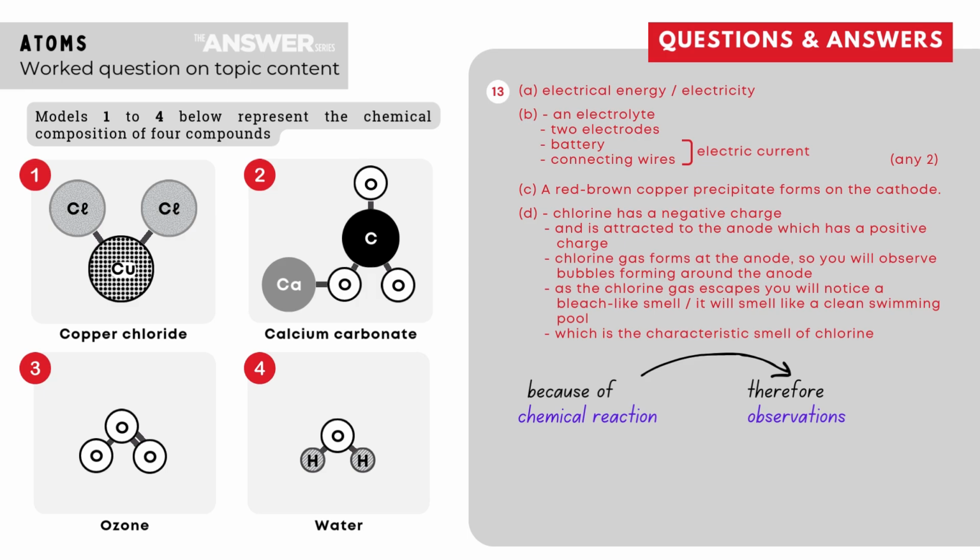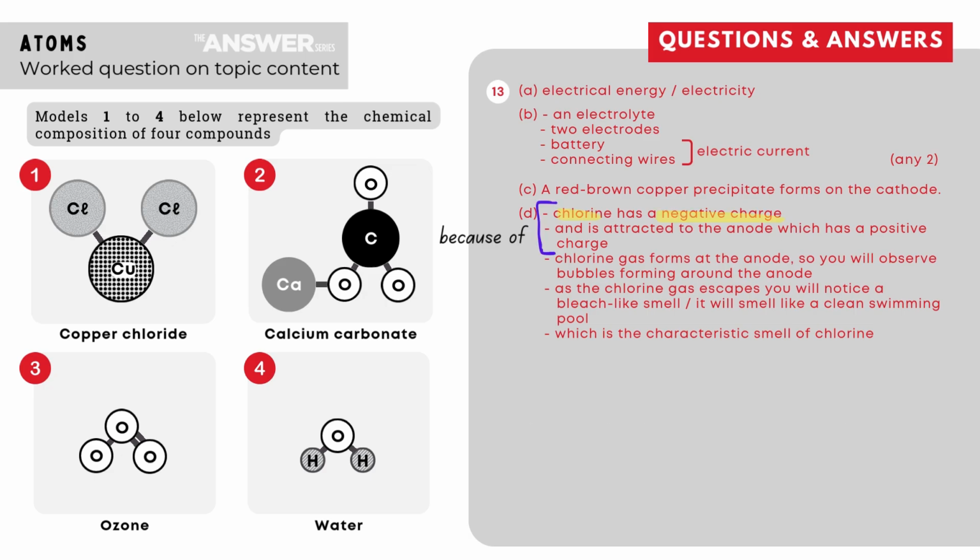So I like a because this, therefore that. So that starts with chlorine has a negative charge, right? Because chlorine has a negative charge, it is attracted to the positive anode. And because of this, therefore, chlorine gas is going to form at the anode. So what do you observe?